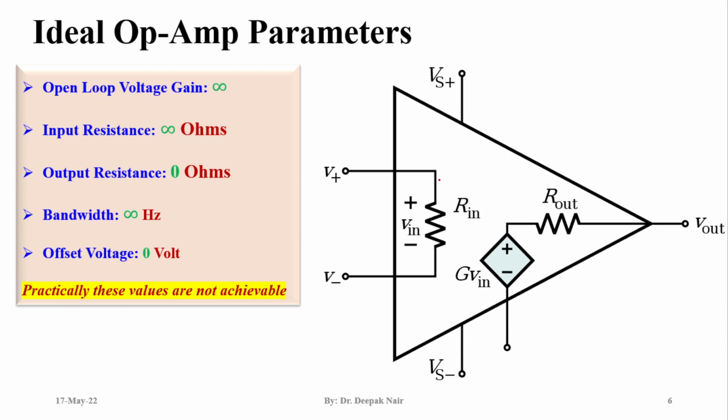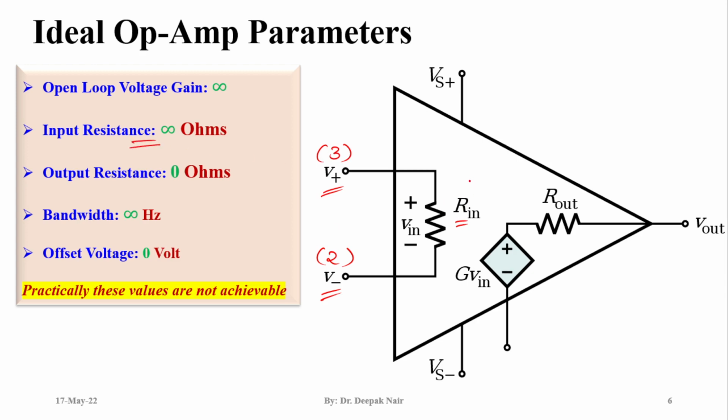So in short, this is the diagram of the op-amp, where we can see there are two inputs, V positive and V negative. Pin number 2 is V negative, that is the inverting input. Pin number 3 is the positive voltage input, so pin number 3 is V positive. R in is the input resistance.